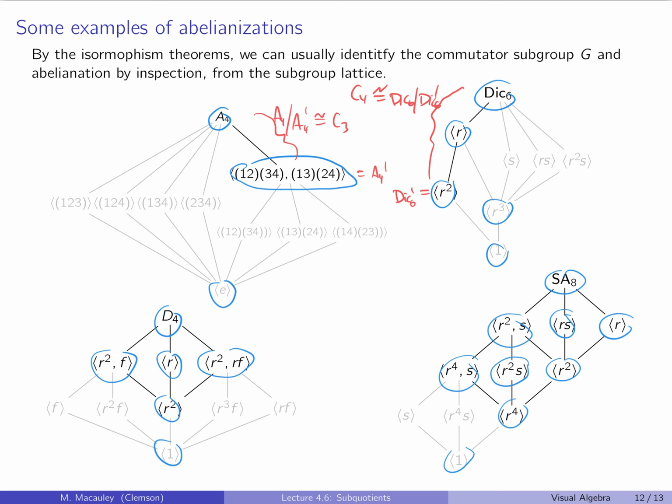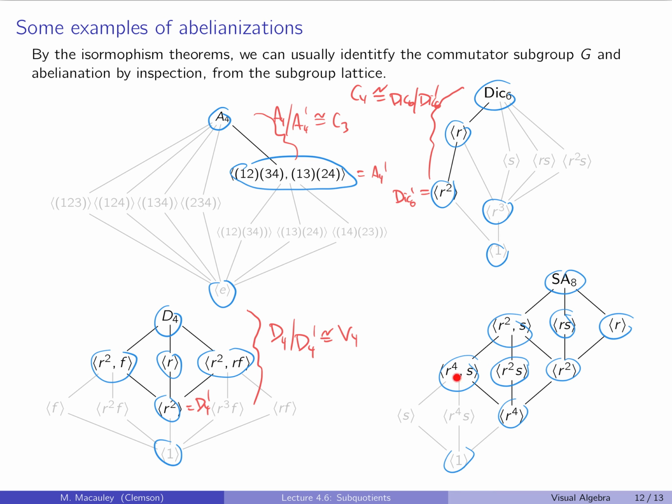So over here, you can see by inspection that this is D4 prime, the smallest subgroup that gives an abelian quotient, and so this is D4 mod D4 prime, which is isomorphic to V4. And then over here, it's tempting to say, like, oh, look, this gives us a V4 quotient, but hey, look, this one also gives a C4 quotient.